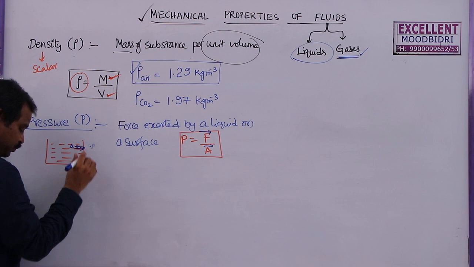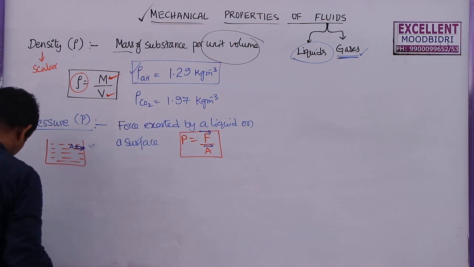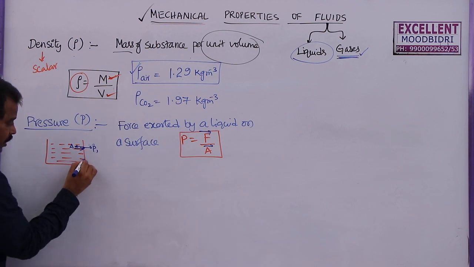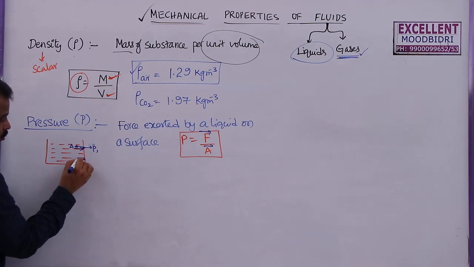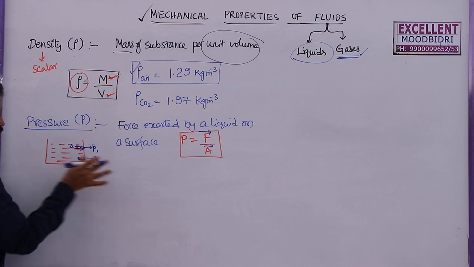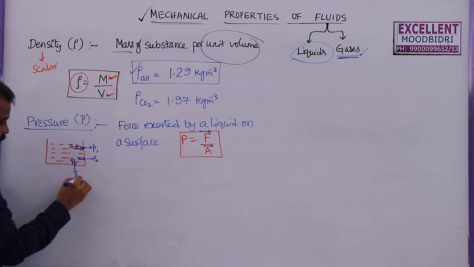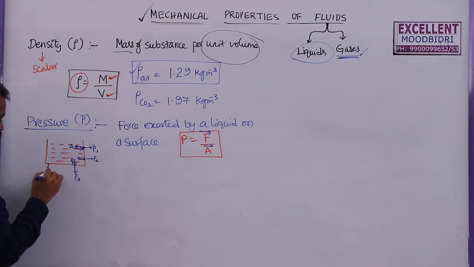Here, at this point, the pressure is acting in a particular direction. So let us say pressure is acting in this direction, P1. But what is the direction of pressure here? This is force, this is area vector. So let us say the force is acting perpendicular to the surface. But here, the force is acting like this, area vector like this. This is pressure P3. So here this is P4. Here this is P5.